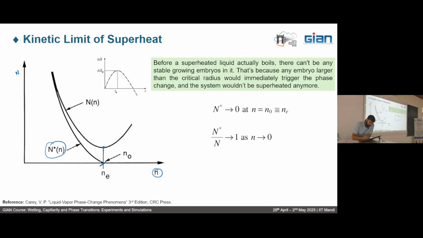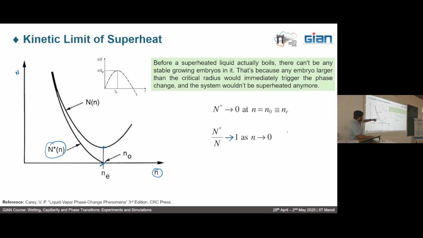Further, as n approaches 0, it means that the number of molecules in an embryo class is getting reduced, so we have a very large number of embryos of small size. In that state, it doesn't matter if it is the equilibrium or non-equilibrium state, because the numbers are so high that they are almost comparable.